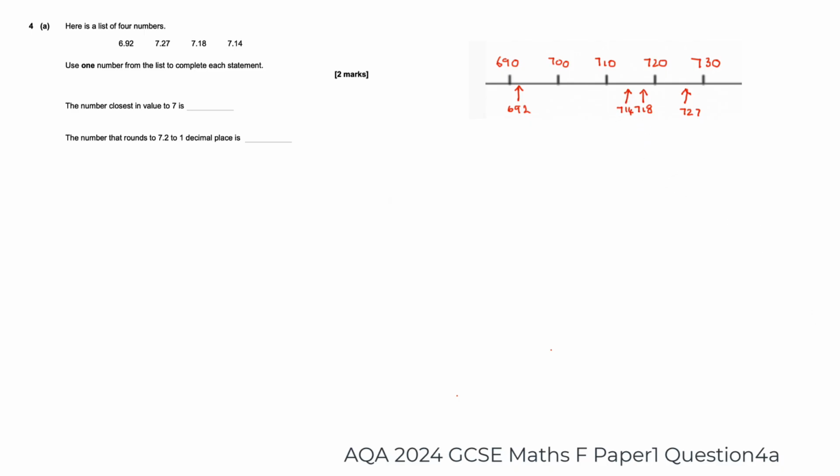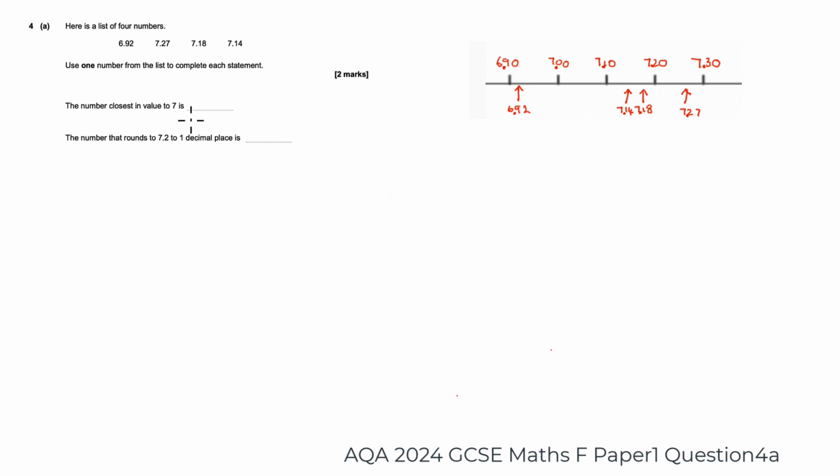Now, let's put in the decimal points, now that we've roughly put them on the number line. So we've got a different number line now showing numbers around about 7. So let's see if this helps us.